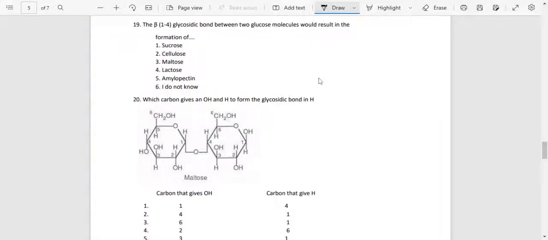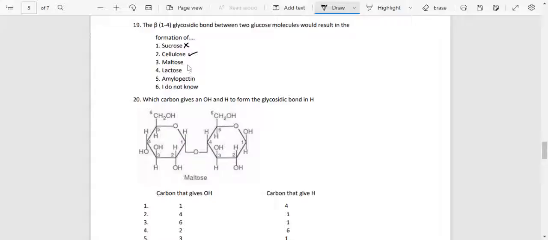19. The beta 1,4 glycosidic bond between two glucose molecules was resulting in the formation of number 1, sucrose. Now this is not going to be true because sucrose is made from beta fructose and alpha glucose. If you talk of cellulose, this is going to be true because cellulose is made from beta 1,4 glycosidic bonds, that is from beta glucose molecules.